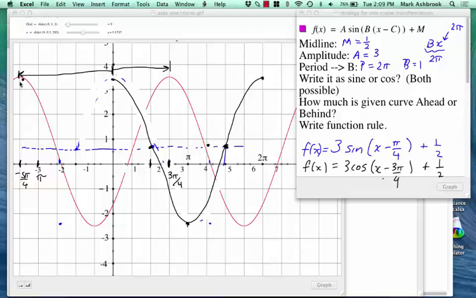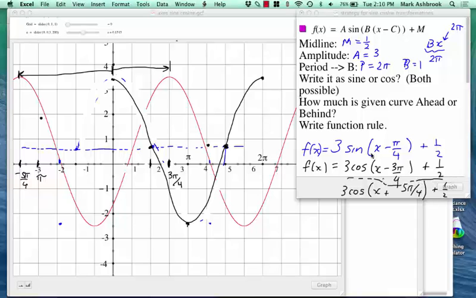So this cycle, starting here, is 5 pi over 4. Ahead or behind? Ahead, right? This one's ahead by 5 pi over 4. So we could have also written it as 3 cosine x plus 5 pi over 4, plus a half. That's valid too. Okay?